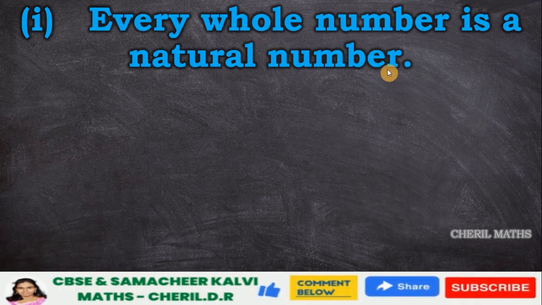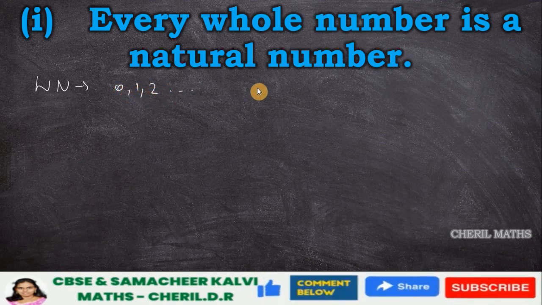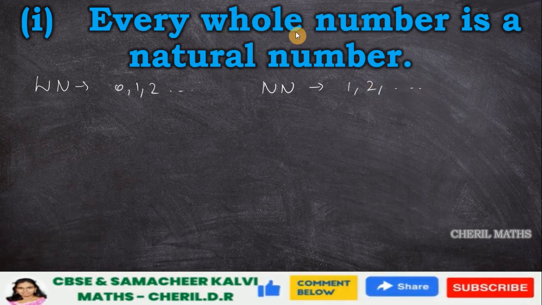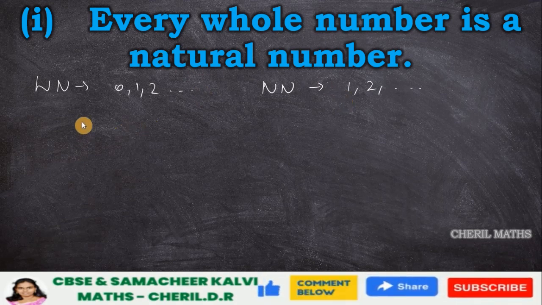Let's look at the first question. Every whole number is a natural number. Whole numbers are 0, 1, 2 and so on. Natural numbers are 1, 2 and so on. Every whole number is a natural number? That is not possible. So this is going to be false. Every whole number is not a natural number, but you can say that every natural number is a whole number.